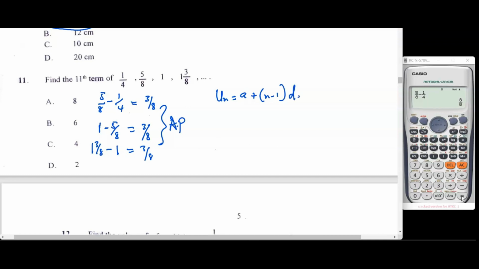Now remember, they've given us the n value, so we know that u11 is equal to the a value is 1 on 4 plus 11 minus 1 times the common difference, which we've actually worked out as 3 on 8. So simplifying, 1 on 4 plus 11 minus 1 is 10. Then you have 10 times 3 on 8, which is going to give us 30 on 8.